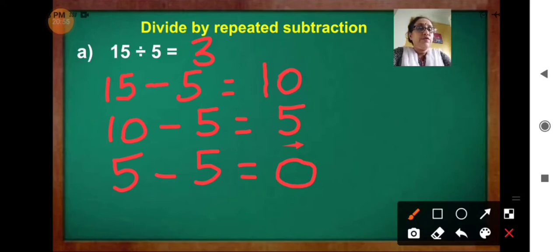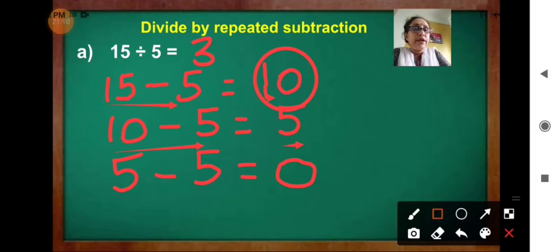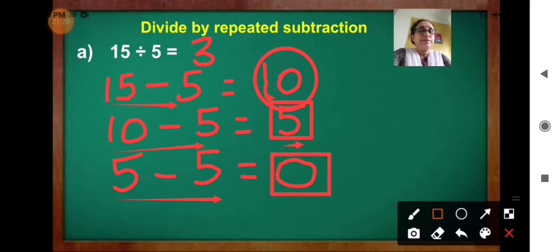First we will do this 15 minus 5. We are getting 10. Okay. Now next step. This 10 minus 5. We are getting this 5. Now 5 minus 5. We are getting 0.